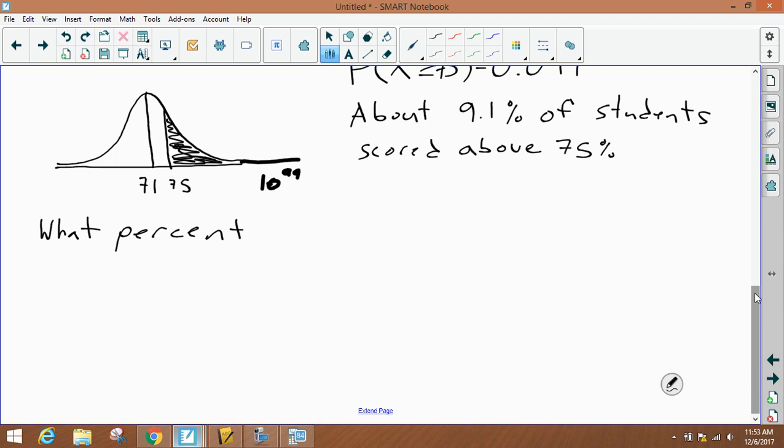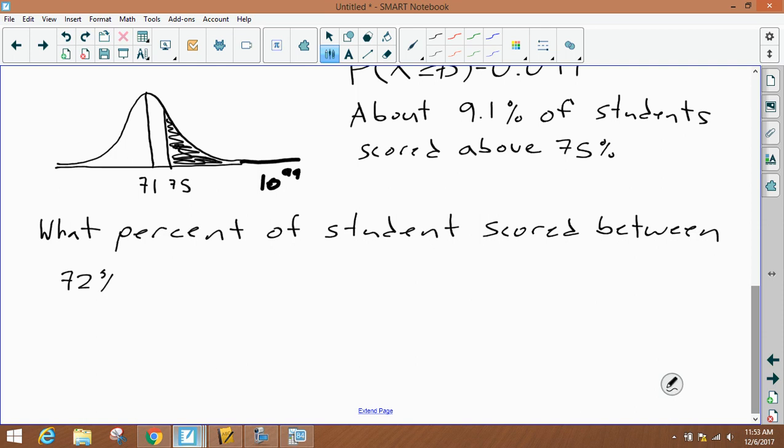I can use those interchangeably. So I could say what percent of students scored between 72% and 69%.